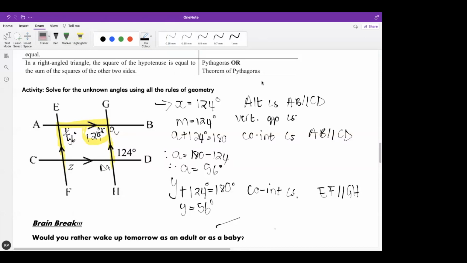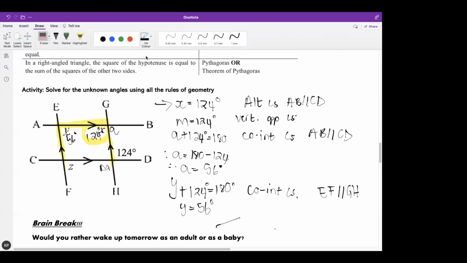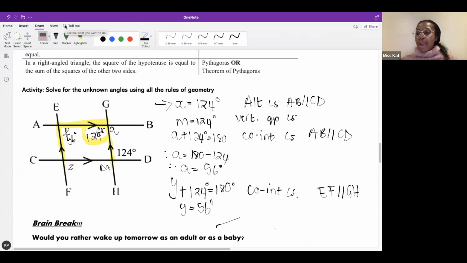Being an adult costs money. So you want to cost your parents money instead because being a baby costs parents money. If I could choose, ain't no way I'm going to do all that school again. I will be a baby.